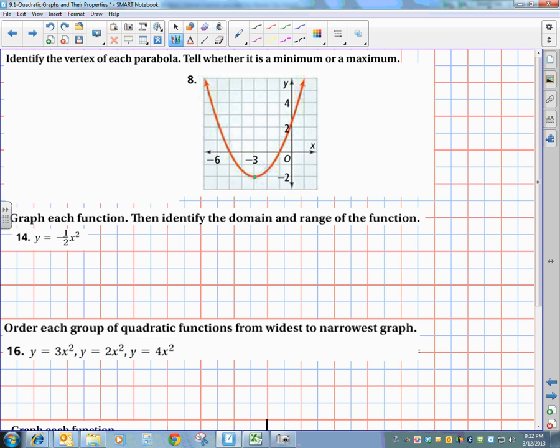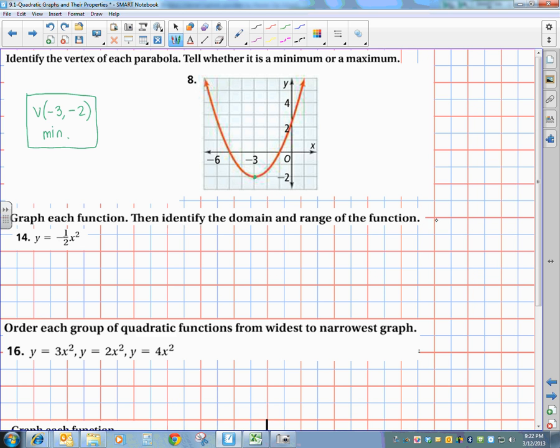So that is the point. My vertex is at negative 3, negative 2. And is it a min or a max? It is a minimum value. My parabola is going up, so it is the lowest point on my graph. And that's all you have to do for that.